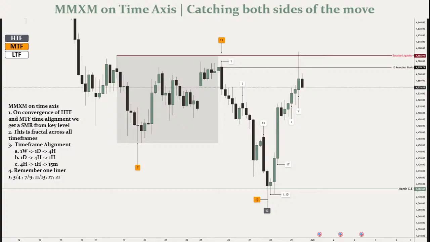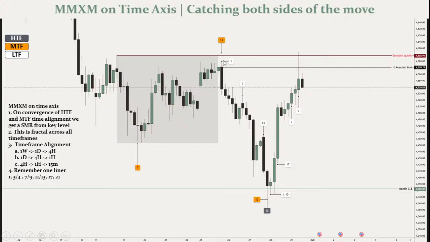The higher time frame was weekly, and daily was the medium time frame. Both the 13th of daily and weekly aligned on this specific day. This is 1800 hours, and the day started here and ended here. So this whole day is day 13 inside the 13th week.